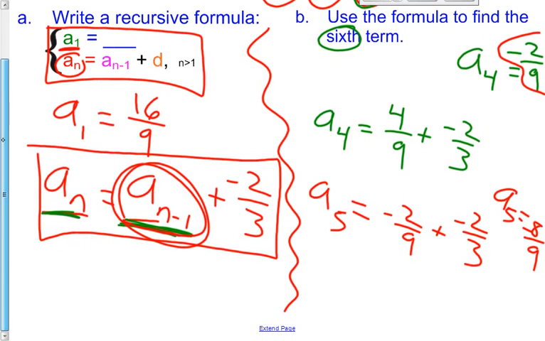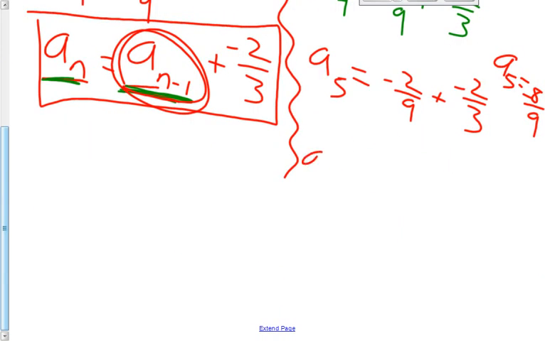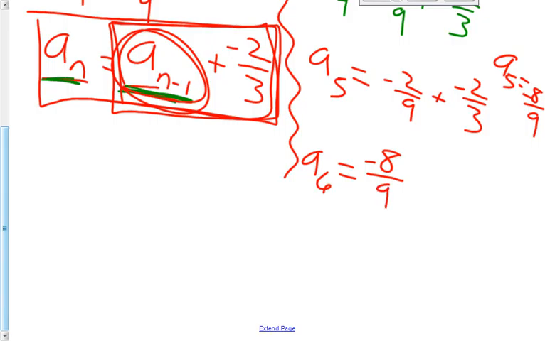All right, and now we're here. We need to find the sixth term, so here it comes, a sub 6. What is the value of a sub 6? Well, it's found by taking the previous term, which is a sub 5, which we found to be a negative 8 ninths, plus our common difference, which is a negative 2/3. So a sub 6 is what number?